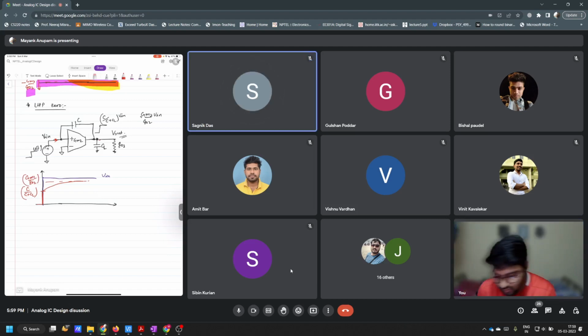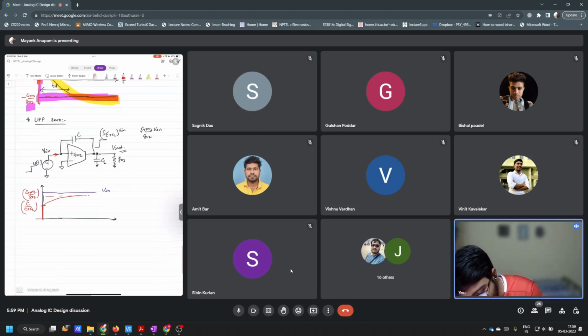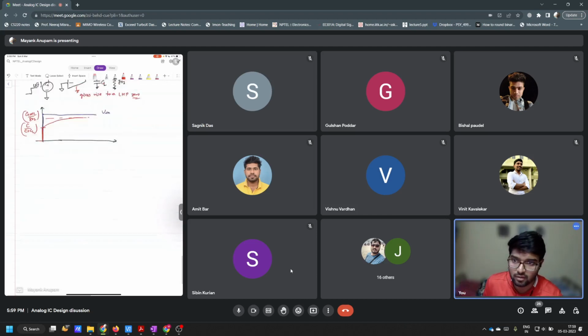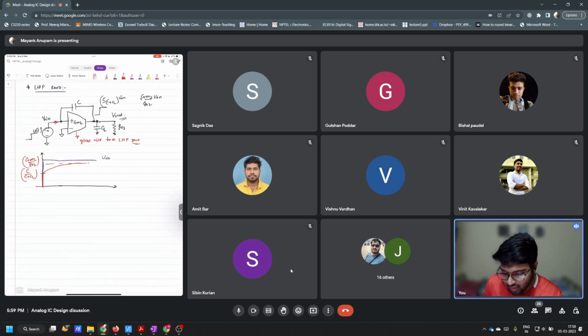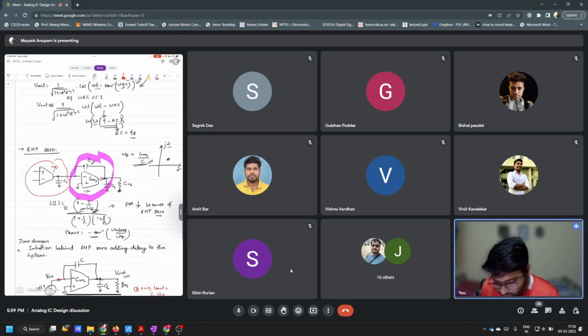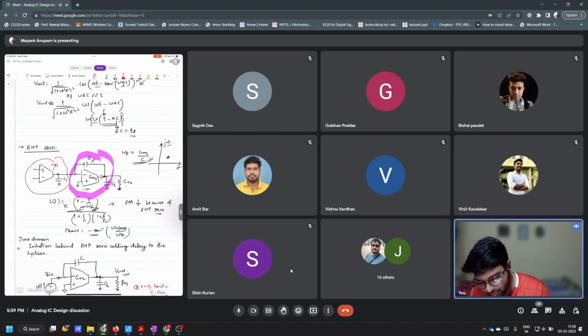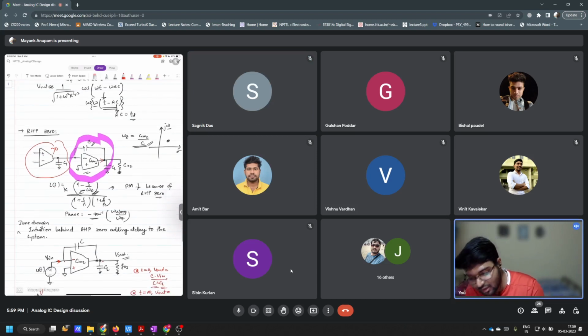Yes, sir. So this here, if you calculate also, you will see that this actually gives rise to LHP 0. Okay, you can see this. But now you will ask me, so why do we do this? So why do we not simply change this sign here? You will ask me this question, right? Because what happens is when you do that, you will mess up the poles.